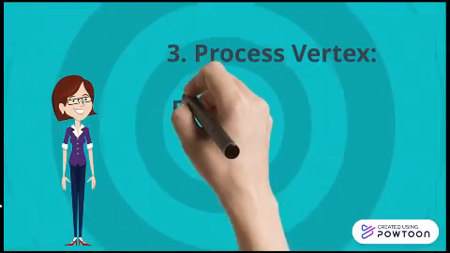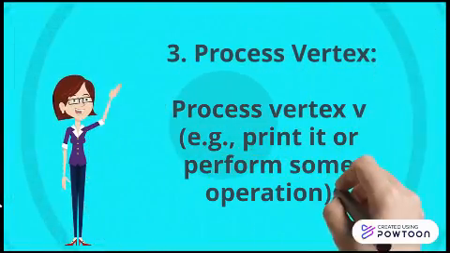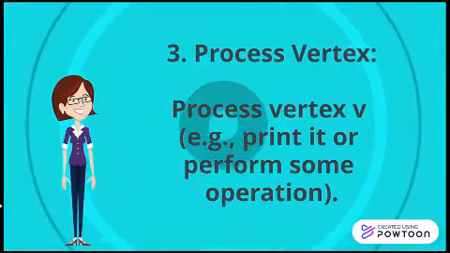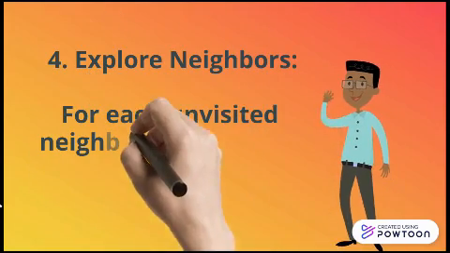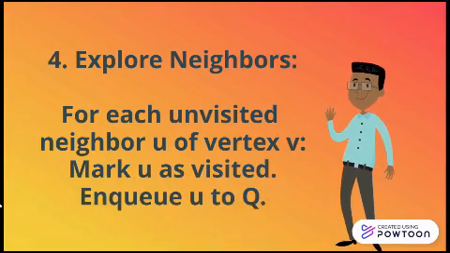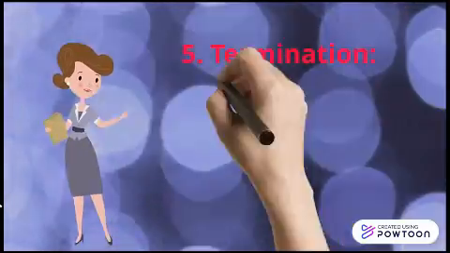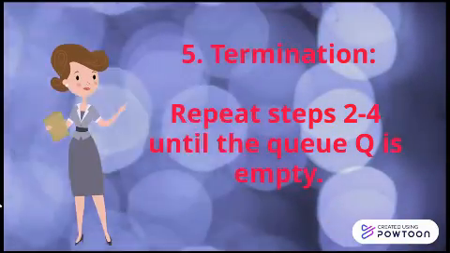Third step, process vertex. Process vertex v, for example print it or perform some operations. Fourth step, explore the neighbors. For each unvisited neighbor u of vertex v, mark u as visited and enqueue u to the queue. Fifth, termination. Repeat steps 2 to 4 until the queue is empty.